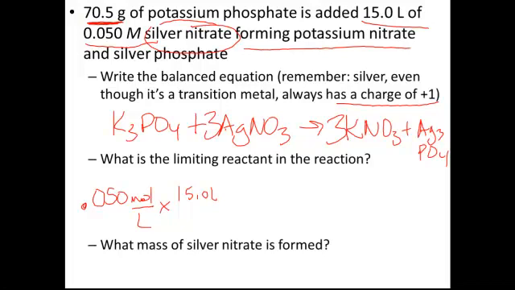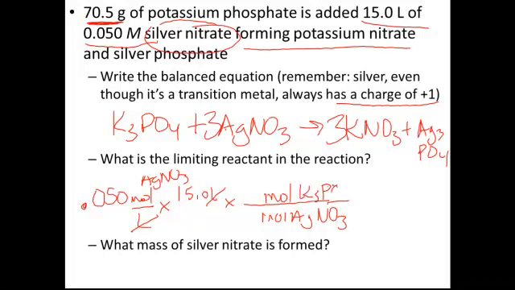So instead of getting my answer, I'm going to try to do it a little bit quicker this time. We know that this is moles of AgNO3. So I'm just going to continue. I'm going to put moles of AgNO3 on the bottom, and I'm going to put moles of my other reactant, potassium phosphate, on the top.